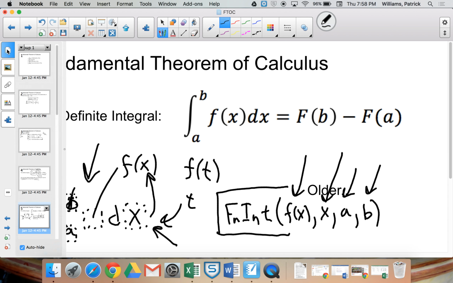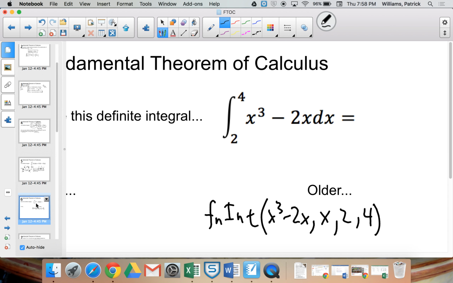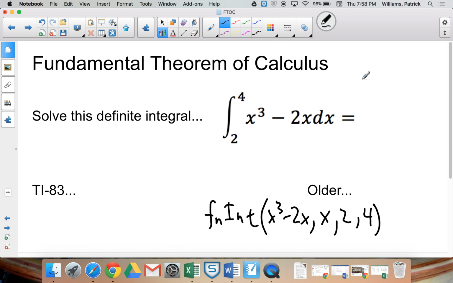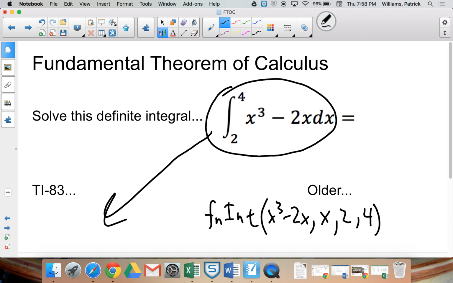So let's look at an example of how to do this. Let's look at this particular integral. Try to pause the video right now and solve what this integral will be using that FNINT command on your calculator. All right, if you give it a shot, if you're going to use a TI-83, it's pretty self-explanatory what you plug in. You saw in the previous slide that if you have a TI-83, that whole definite integral symbol just comes up, and you just match it to what we have right here.